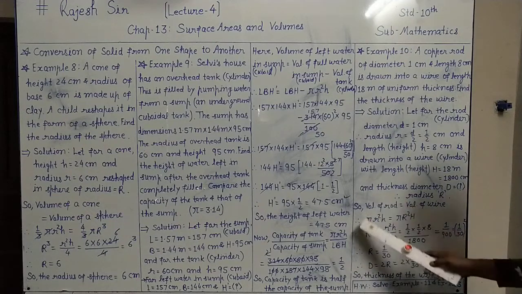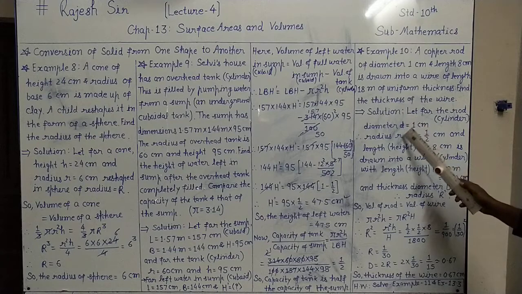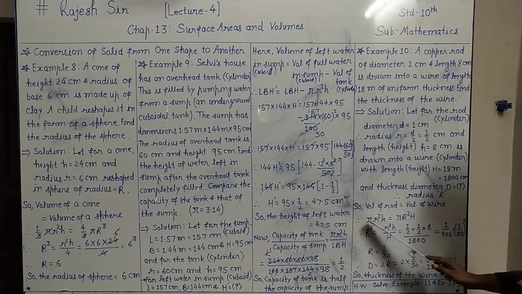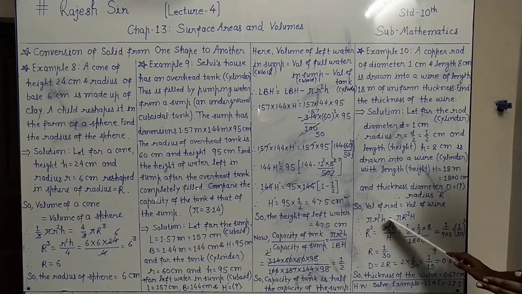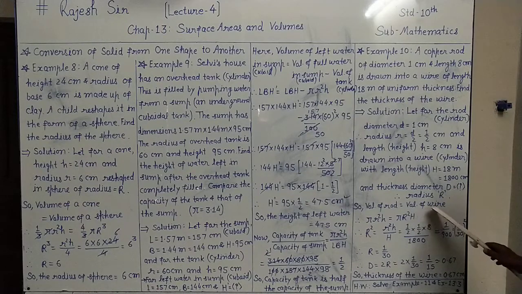For the rod we have taken the small letters, radius r, height h. So small pi r square h shows the volume of the rod, equal to pi R square H for the wire, which is also cylindrical, but its radius and height are different, so we have taken capital letters.